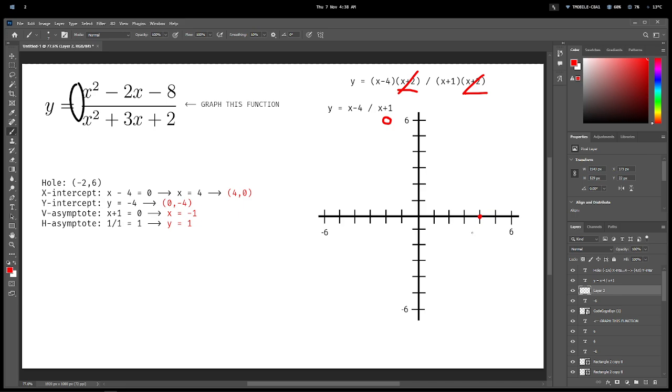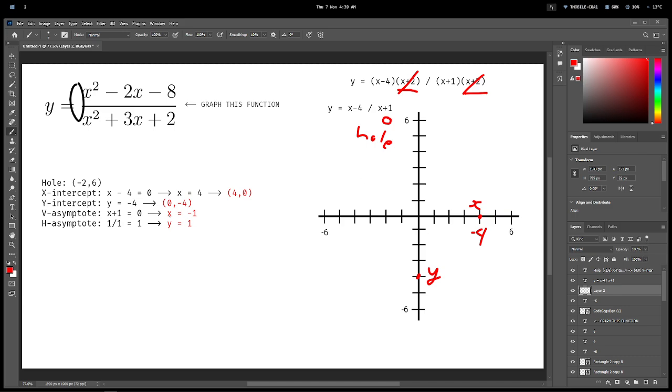This is where our x-intercept is. Let's label this because I don't want to have terrible handwriting. Okay, and our y-intercept is 0, negative 4, so down 4. 1, 2, 3, 4. This is our y-intercept right here.